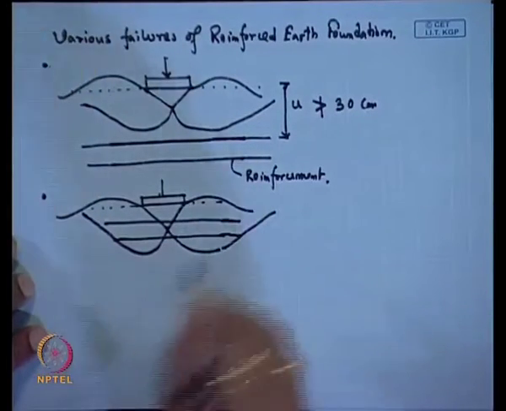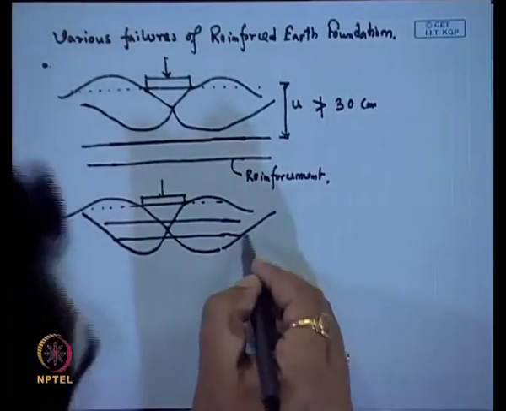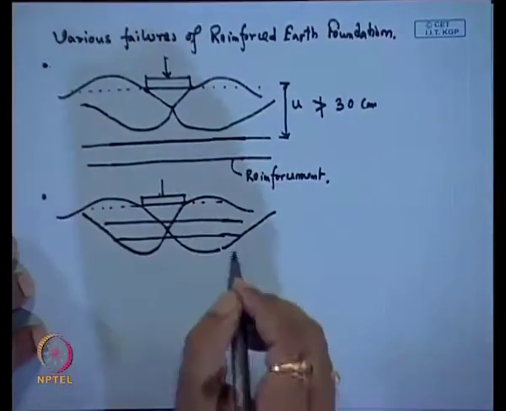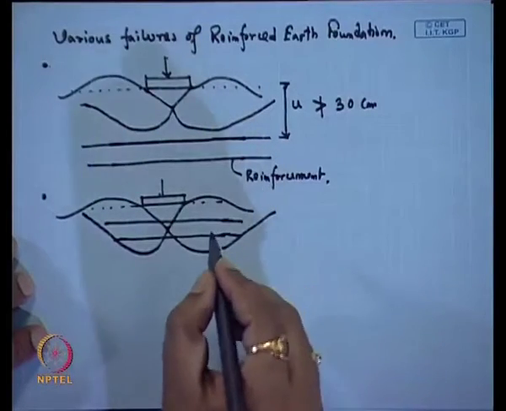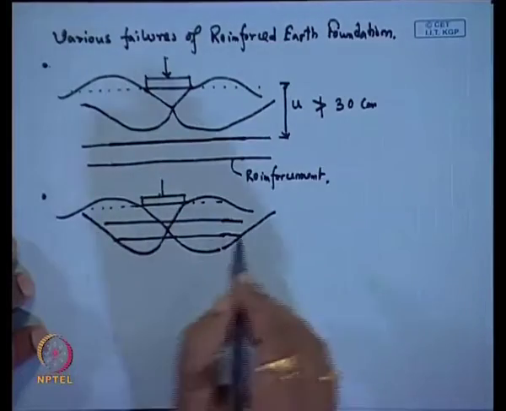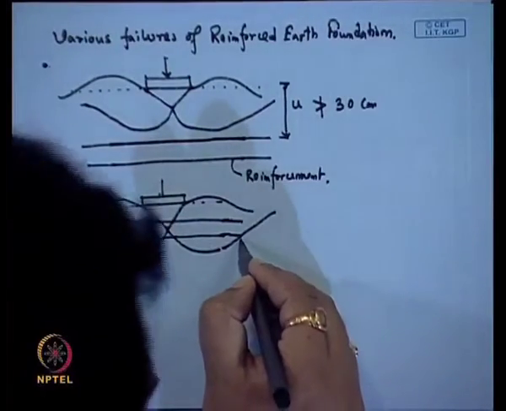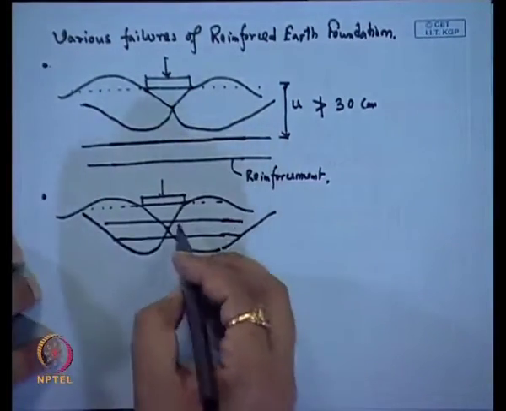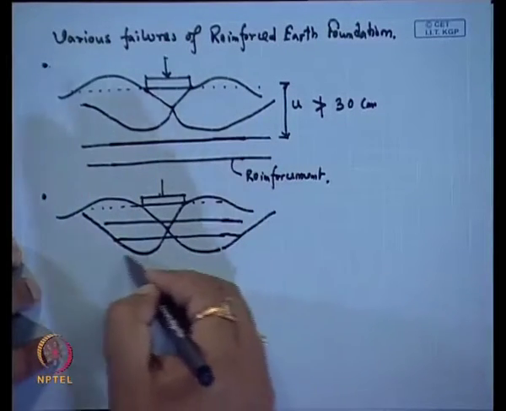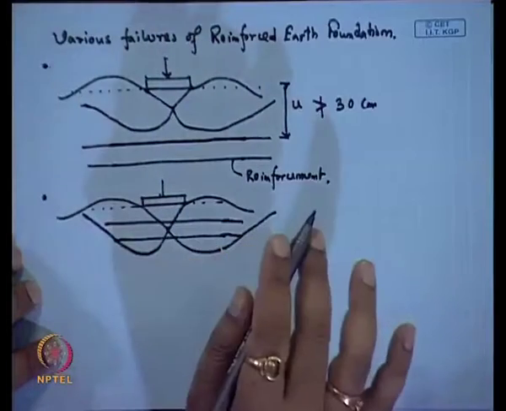Now, the question is why? If this is the foundation failure surface, we should have some sufficient anchor length beyond the two sides of the failure surface. Now, suppose I place it here, what will happen? The failure surface will pass and it will not affect this reinforcement.